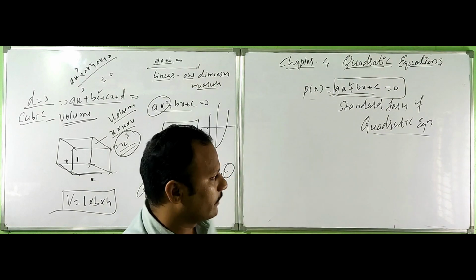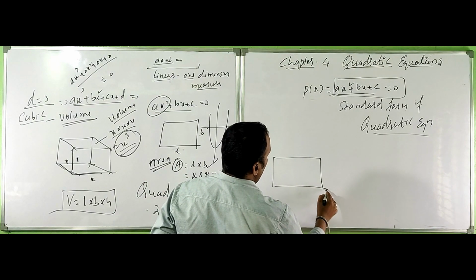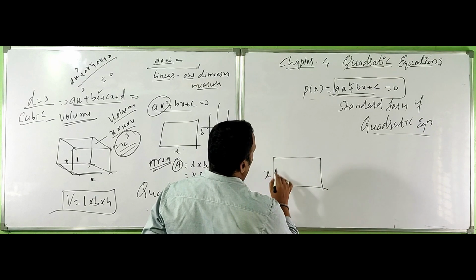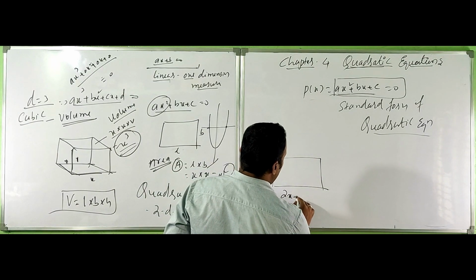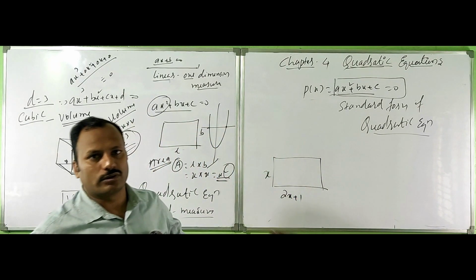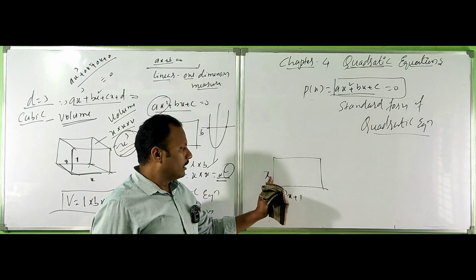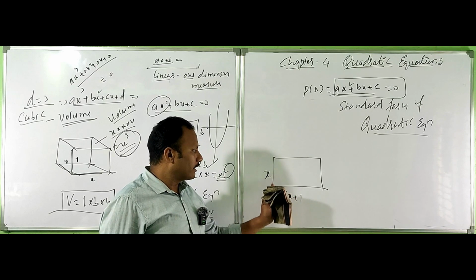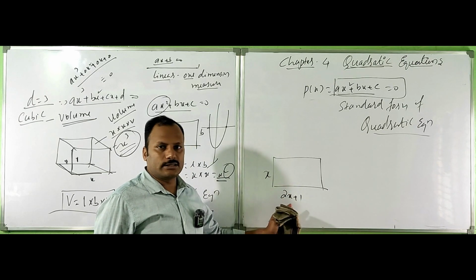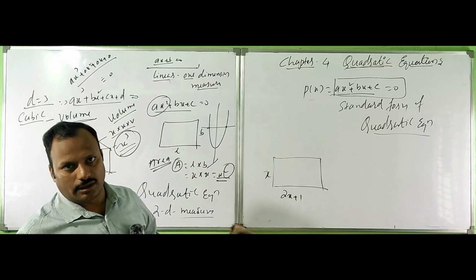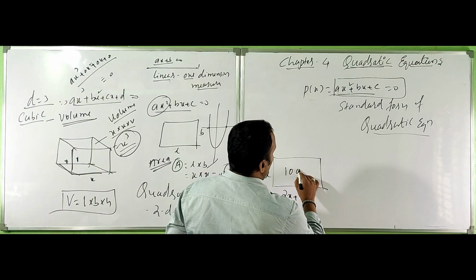If the area of a rectangle, where the breadth is x, an unknown number, and the length is 2x plus 1, meaning 2 times the breadth plus 1. And the total area is 100 square units.